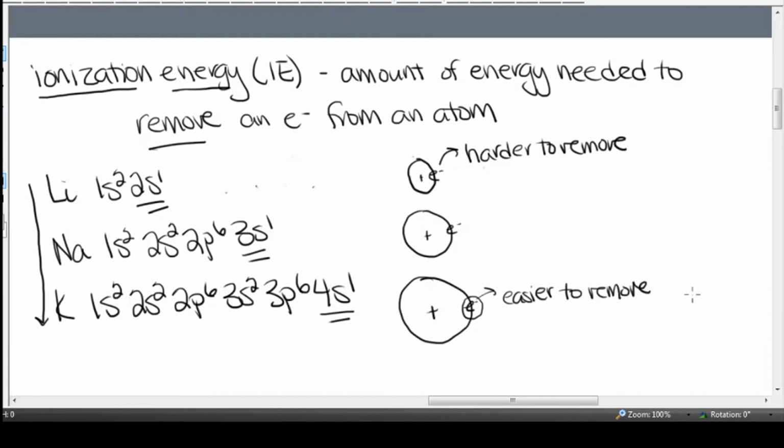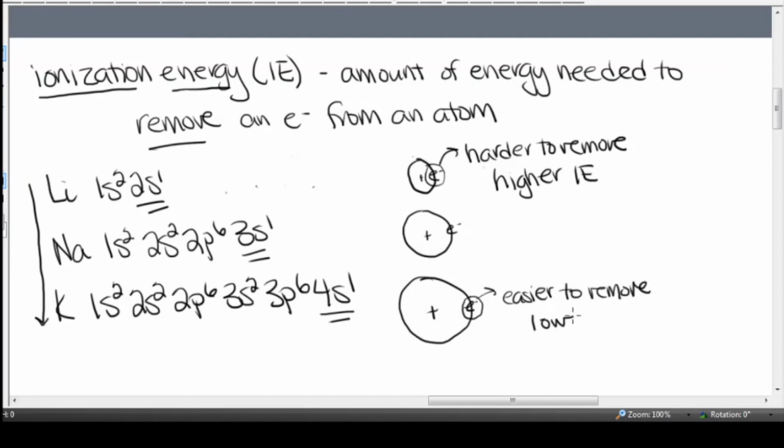So it's all based on radius. If you understand radius, you can understand ionization energy. When the radius is small, the electrons are harder to remove and require higher ionization energy. You have to put more energy in order to remove that electron. When the radius is big, the electrons are far away and easier to remove.